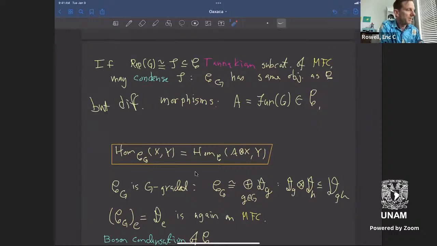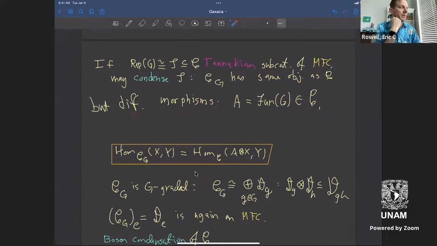But the idea is that essentially you take this collection Rep G, or this thing that looks like Rep G, and you condense it down to nothing, down to the trivial object. So you get a new category out of this, kind of like a quotient in some sense. So it's a category that has the same objects, but more morphisms, different morphisms.